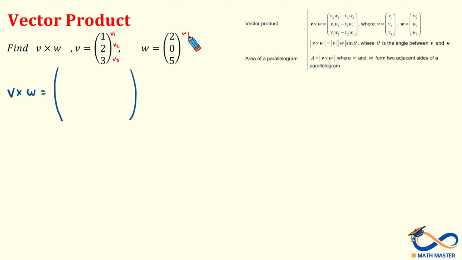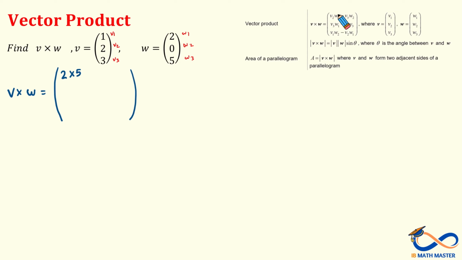Here we have W1, W2 and W3, which is 5. So first we will multiply V2 by W3. V2 here, which is 2, multiplied by W3, which is 5. So here we have 2 multiplied by 5.